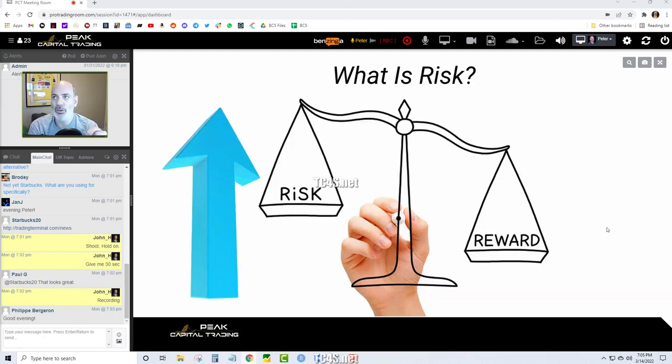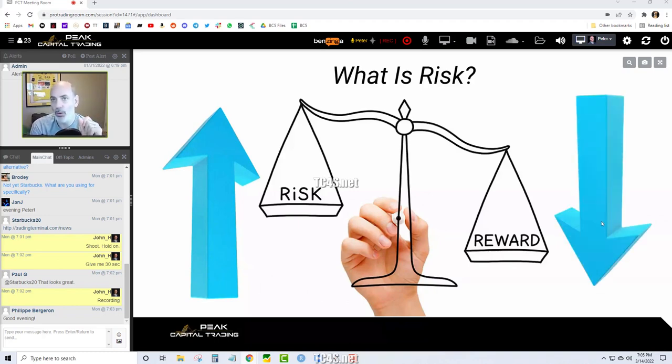So really what we're looking to do is to try and minimize the risk at any given trade instance and maximize the reward. So if we do it properly, we're really going to be able to effectively limit that risk while putting ourselves in a position to achieve rewards that either hit our goal and or targets and or achieve a result that's far greater than what we might have anticipated.